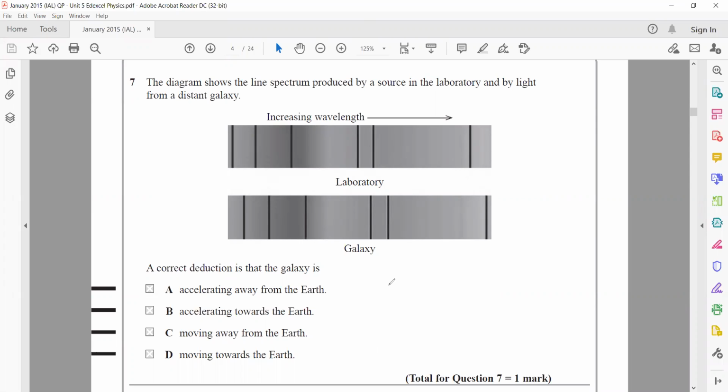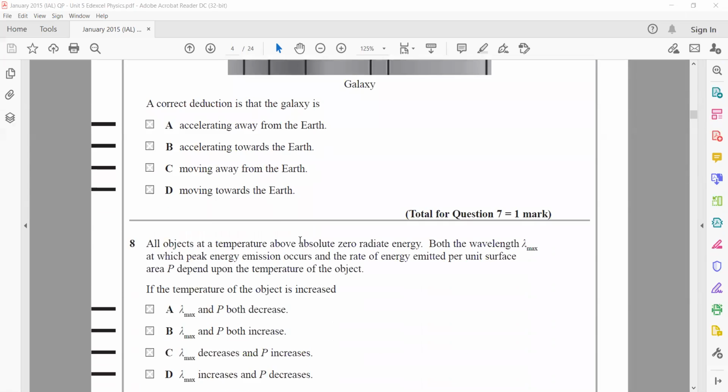So the galaxy is actually moving away from the Earth. That's why C is the right answer, as the wavelength is shifted to the longer side. What we are getting in the lab, compared to what we receive from the galaxy, is a longer wavelength. It shows that the galaxy is moving away from the Earth.